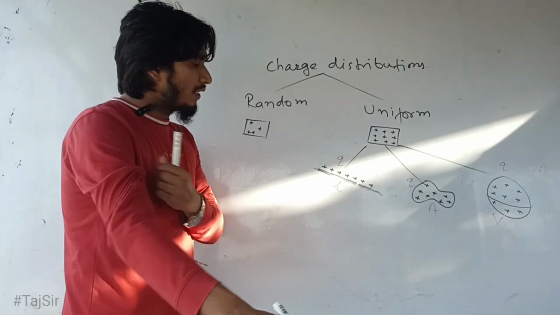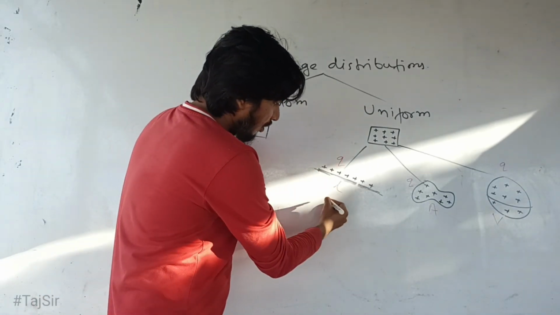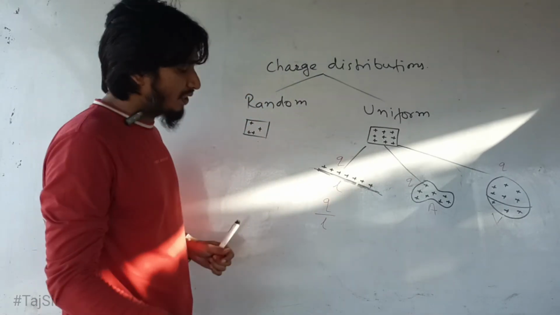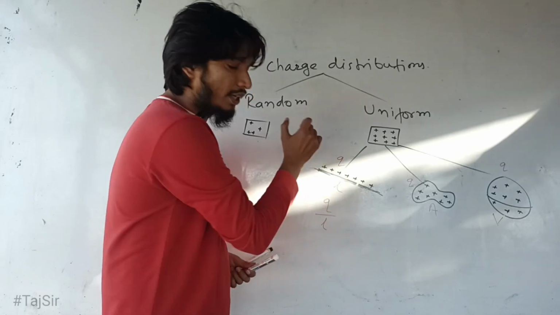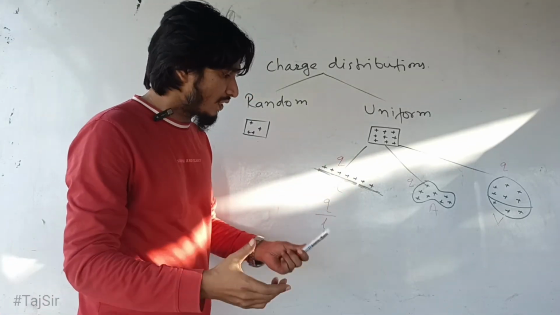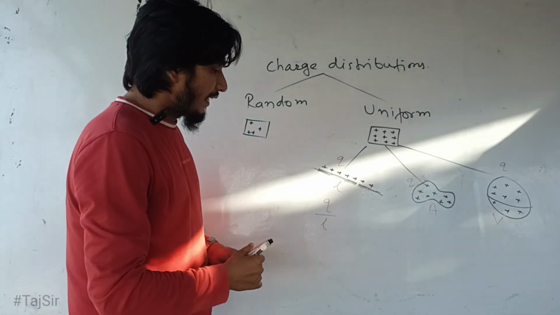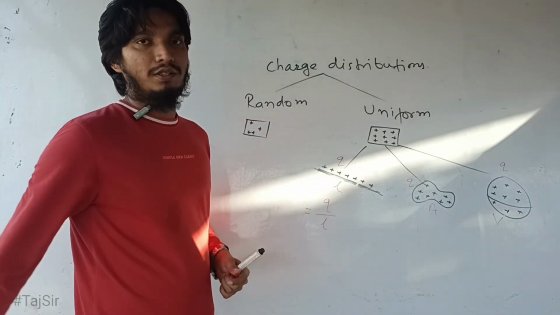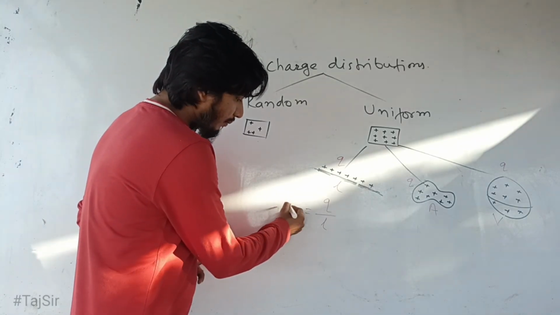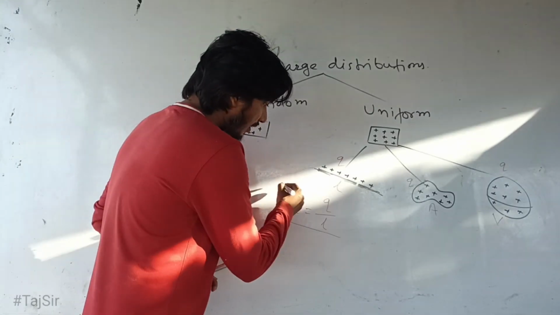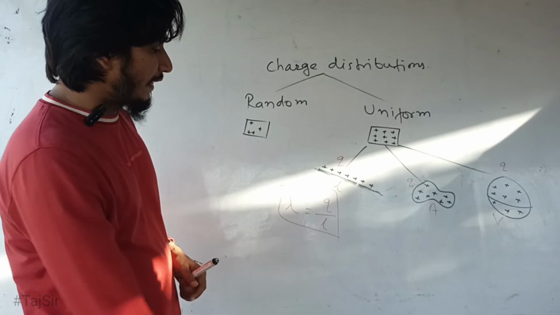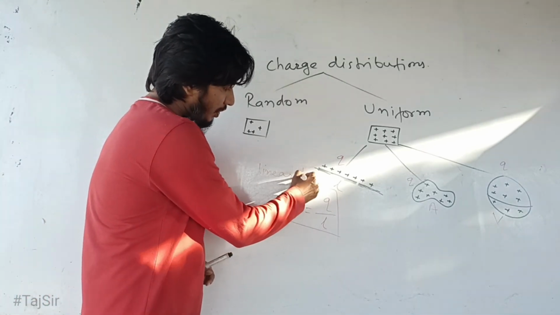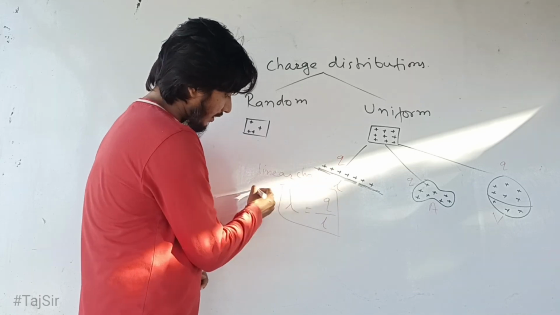And we define a quantity Q by L in the first case. If we select a unit length, say 1 meter or 1 centimeter, then the amount of charge present in that unit length is Q by L, and this is denoted by lambda, and we call it linear charge density.